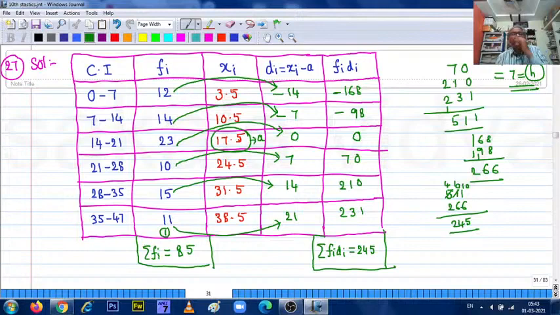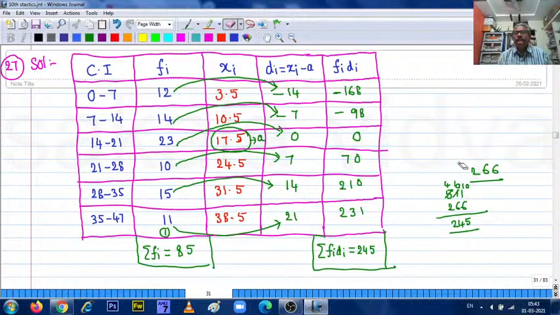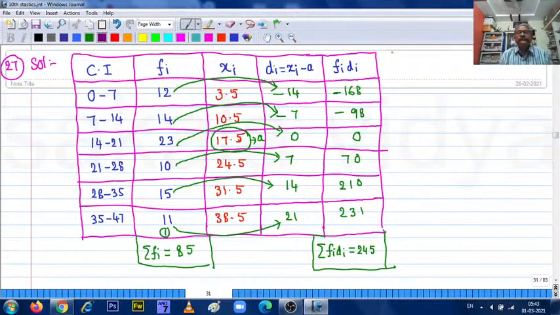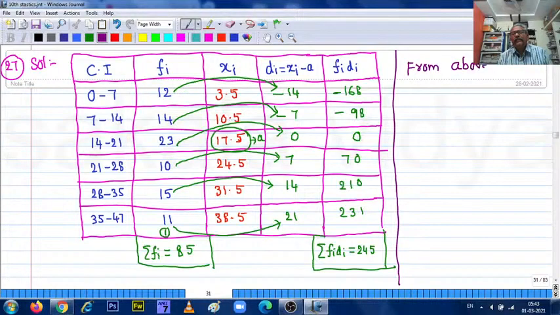So now let us find out now. From above table we have here, see, a value, a is equal to 17.5, clearly mentioned.